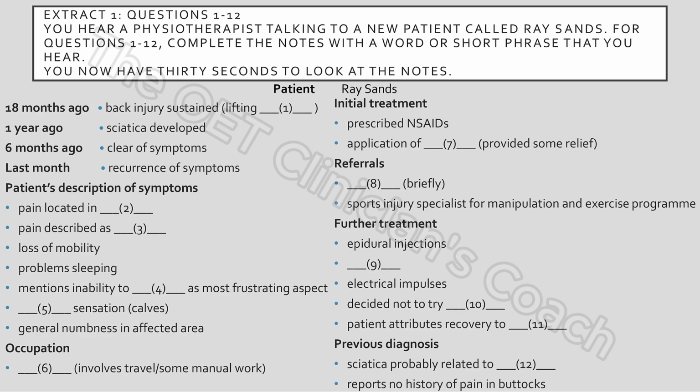The physician sent me to see an osteopath, and then I got some treatment there, but it didn't seem to make much difference. So I was referred to a sports injury specialist, of all things. And he did a number of things that did seem to ease things a little, like working on my spine and lower legs. Oh, and he gave me a set of exercises to do at home.